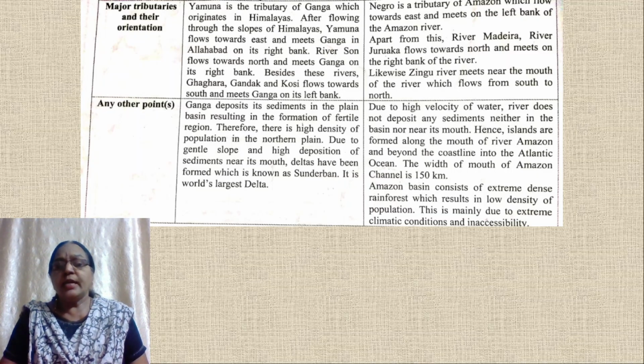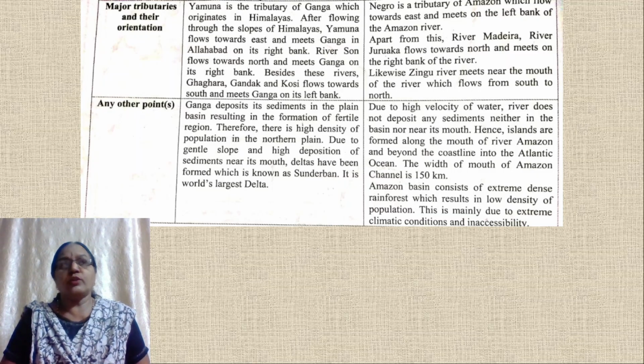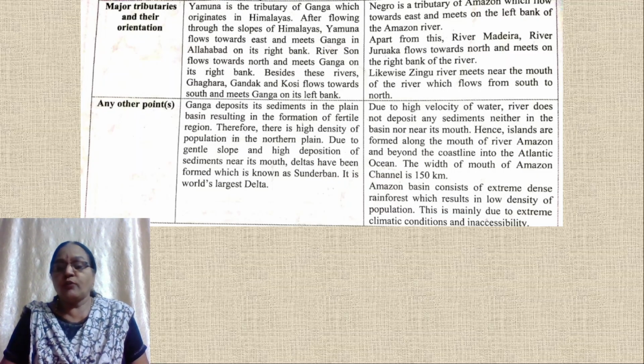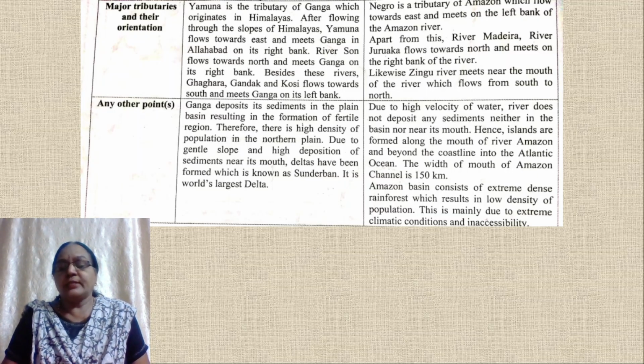But here in the Amazon region, because of the region being flooded constantly, and because of its hot and humid climate, and because of this dense rainforest, this region is highly inaccessible, and this results in low density of population.